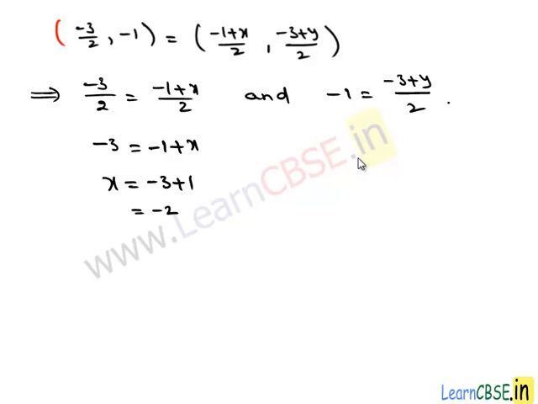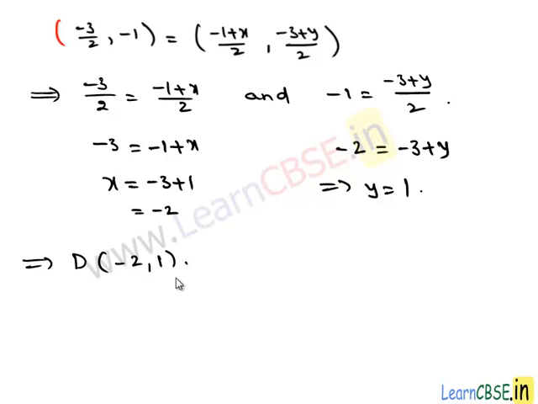Similarly, we solve it here: -2 times 1 is -2, equal to -3 plus y on the right hand side. Therefore, y is equal to 3 minus 2, which is 1. Therefore, we get vertex D as (-2, 1).